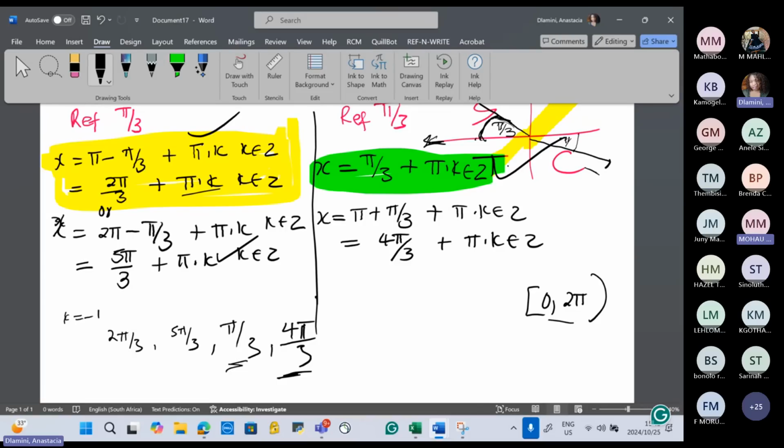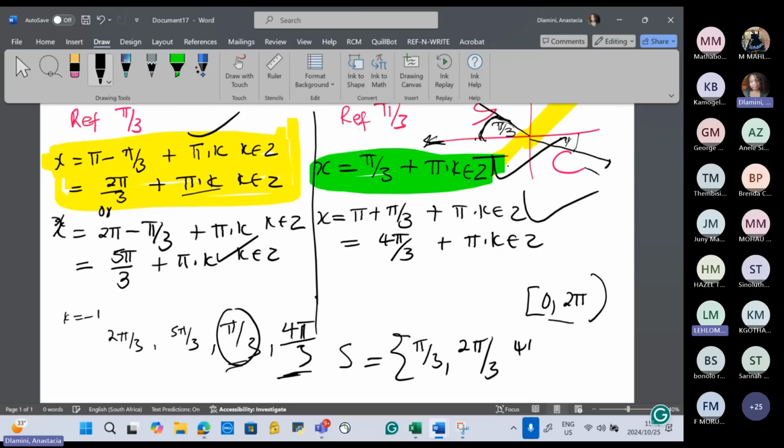Is 7 pi over 3 part of the solution? No, overboard. So we are done. So our solution is what? Let's write it nicely. Pi over 3, 2 pi over 3, 4 pi over 3, and 5 pi over 3.